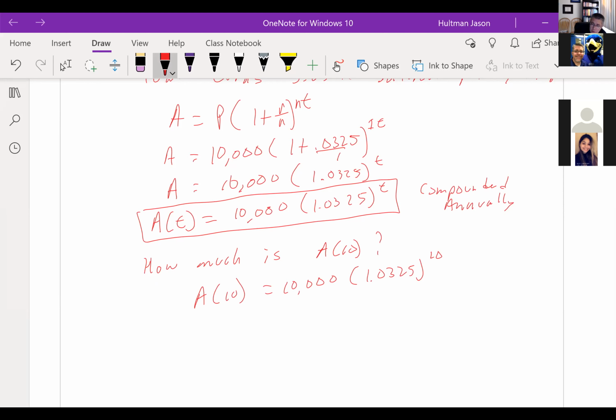This will give me an approximate value. If I plug that into my calculator, it gives me approximately 13,768.94.